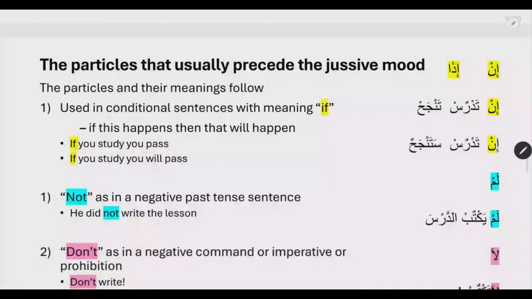All right, so here the particles are in or idha. In or idha means if, right? And it's used in a conditional sentence. It means if this happens, this will follow. Right? So this is how you express it. The in will apply to this word in the jussive as well as this if it's in the normal, just in one tense.